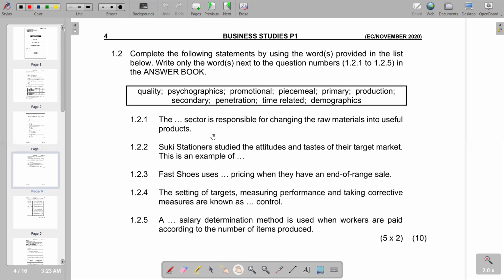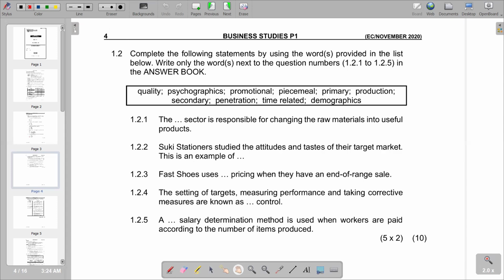So we will start with the first one, which reads, the dash sector is responsible for changing the raw materials into useful products. We know that the sector which is responsible for transforming raw materials into finished goods is the secondary sector. So secondary is the correct answer.